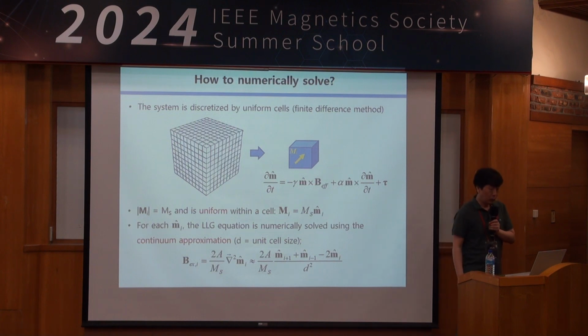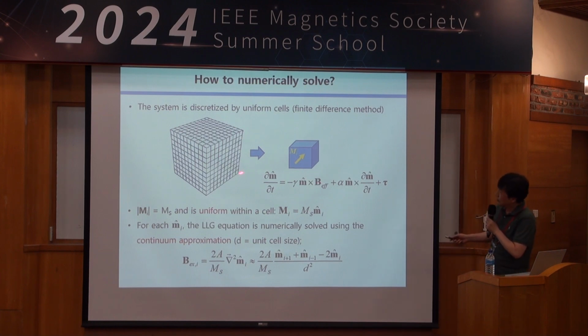Okay, then how do we numerically solve this? We usually discretize your sample into uniform cells based on the finite difference method. But of course, there is a way to do that with the finite element method where you can use different shapes, but this is more widely used. So you have the equation, and this equation must be satisfied at each unit cell. And here are two main assumptions.